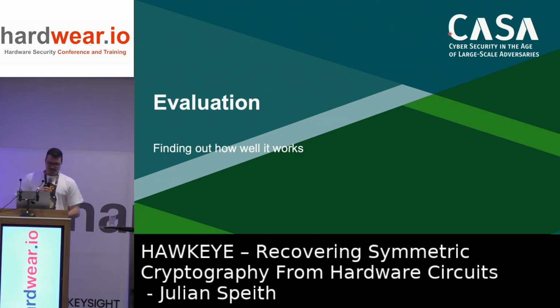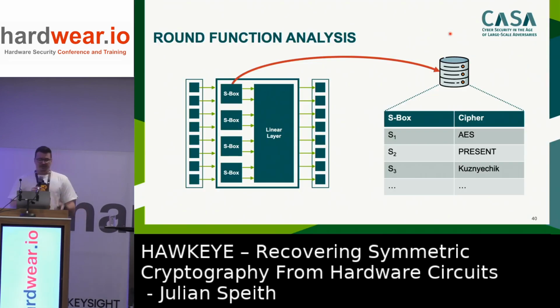And then you can basically match against this database, and the algorithm will, even for larger netlists, tell you in a couple of seconds or minutes that this is AES. And then, if you know that this is AES, you're probably not interested because you're looking for interesting ciphers that you can break. But this is also a good hint that saves you some time in your analysis.